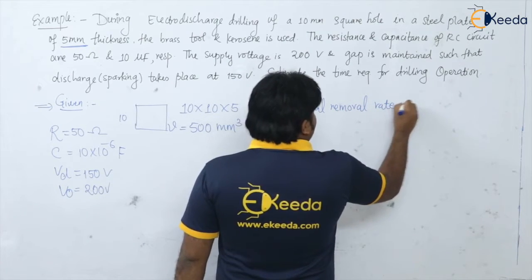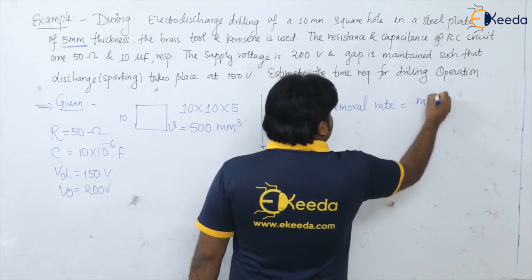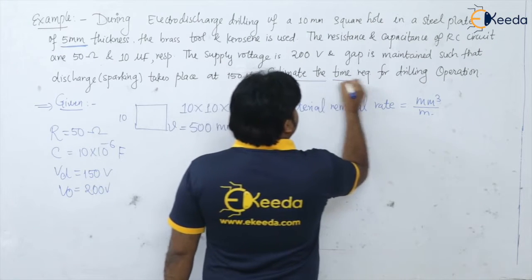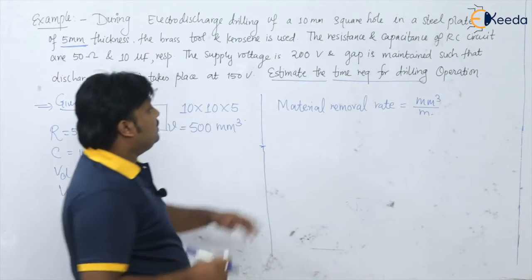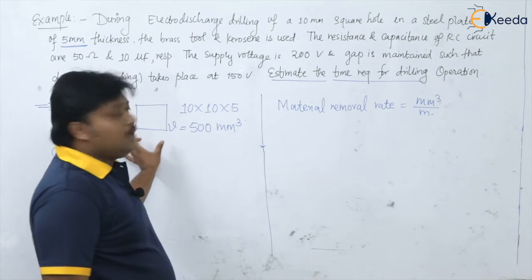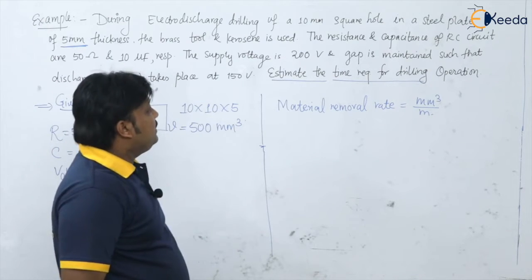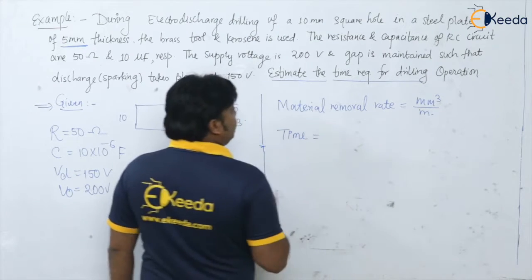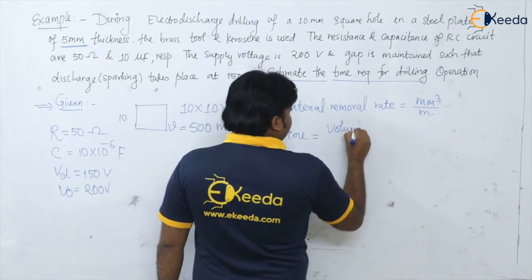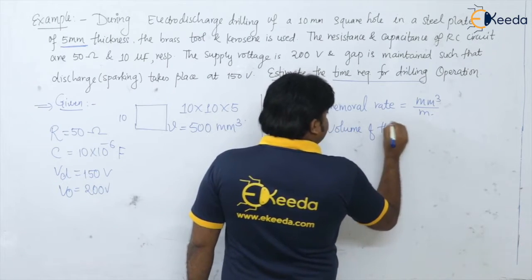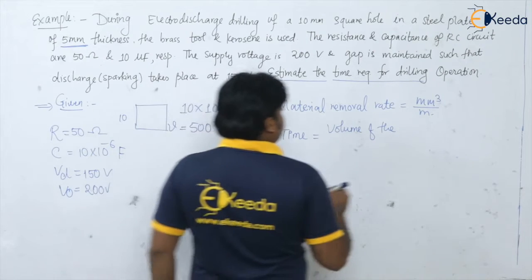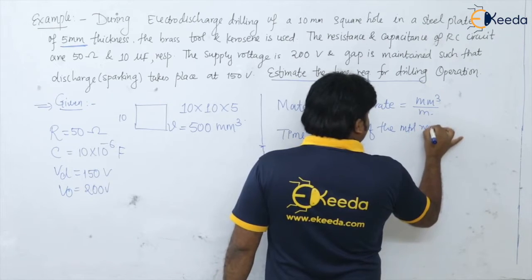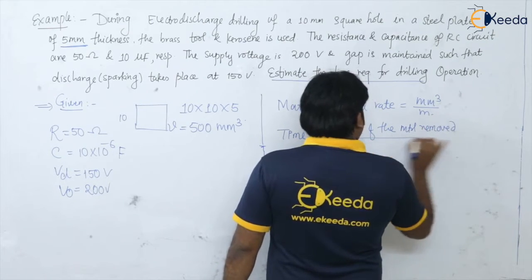Rate means what? Per unit time. That is to say, material removal rate comes in what unit? mm cube per minute. Okay, so if you want the time required for the drilling operation, the drilling of a 10 mm square hole with depth 5 mm, how to find out the time? It will be the volume of the material to be removed from this plate in the form of the square hole, divided by what?